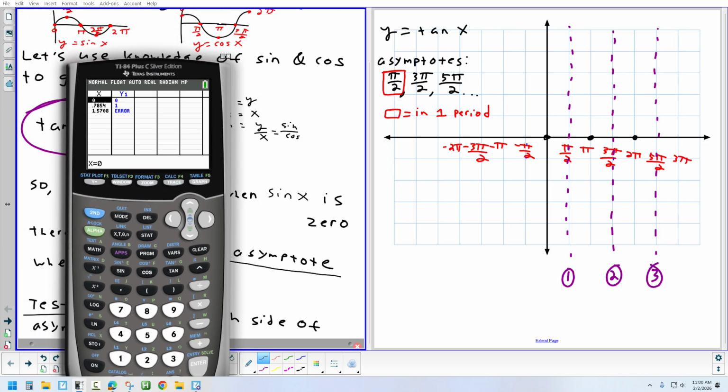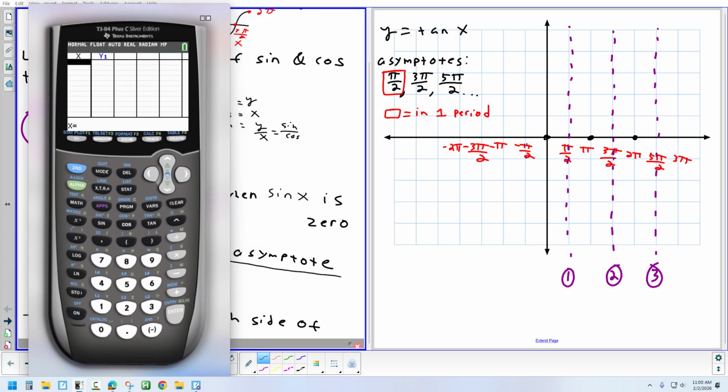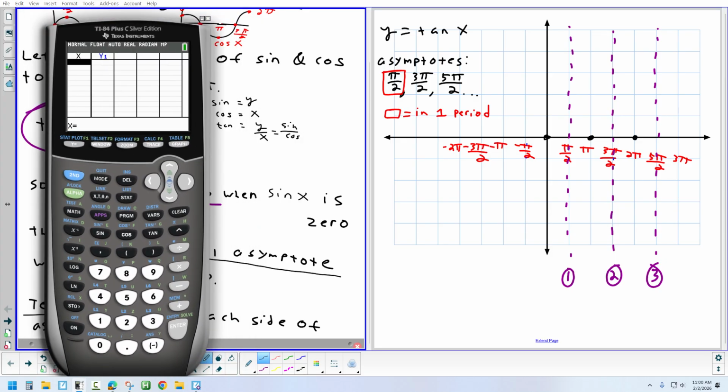Okay, when we pick a value that's close to the asymptote, how close do we normally pick? How close do I want to be? Can you give me a number of how close? Within 1.